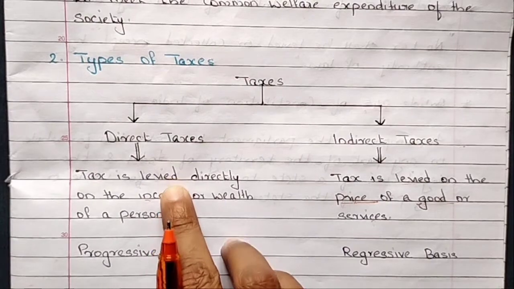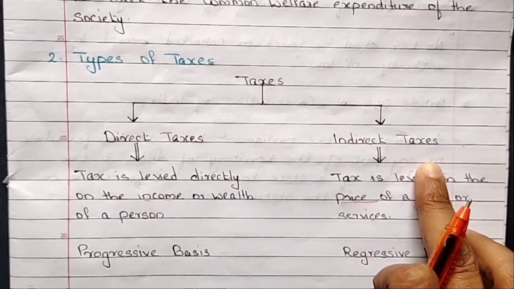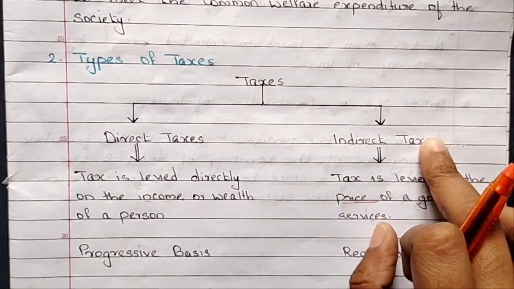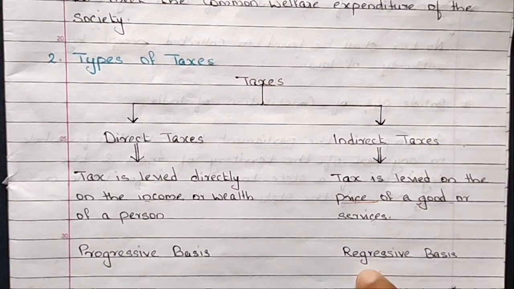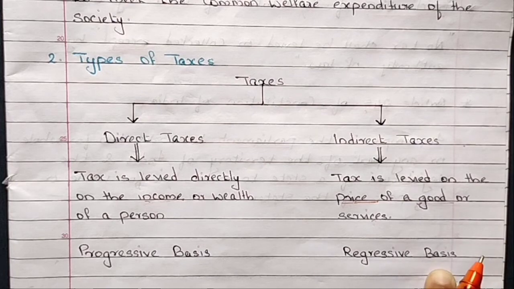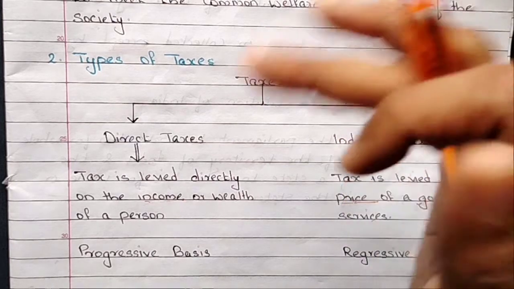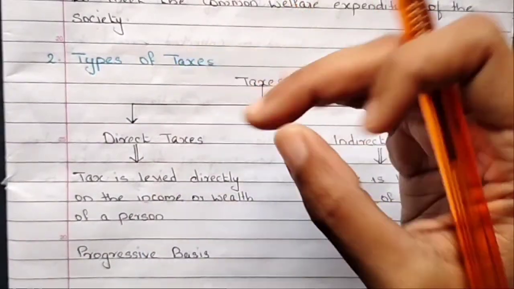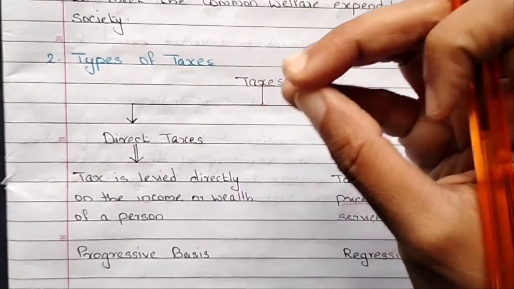Now the second difference between direct tax and indirect tax is that direct tax is progressive in nature, whereas indirect tax is regressive in nature. Now, what do we mean by progressive and regressive in nature? Progressive in nature means as the income increases, the amount of tax you pay will also increase.